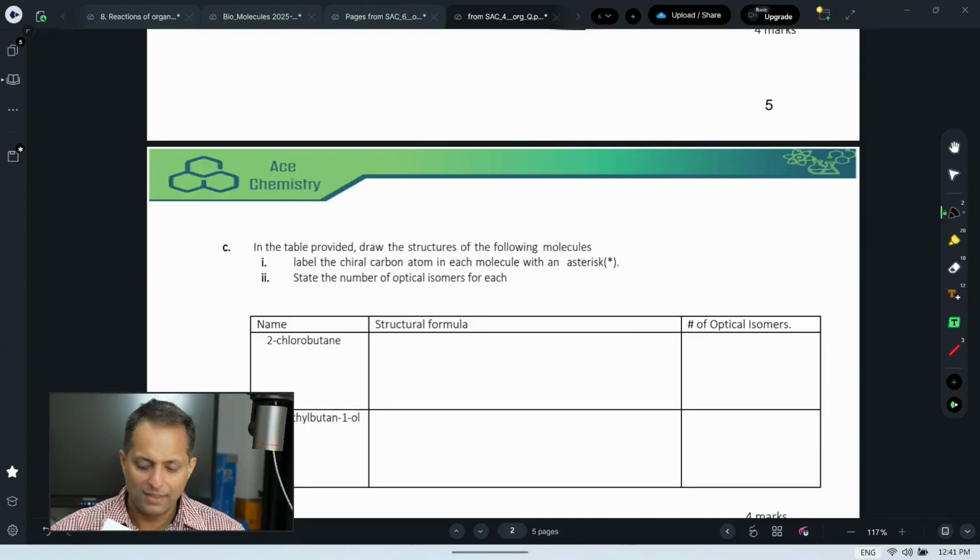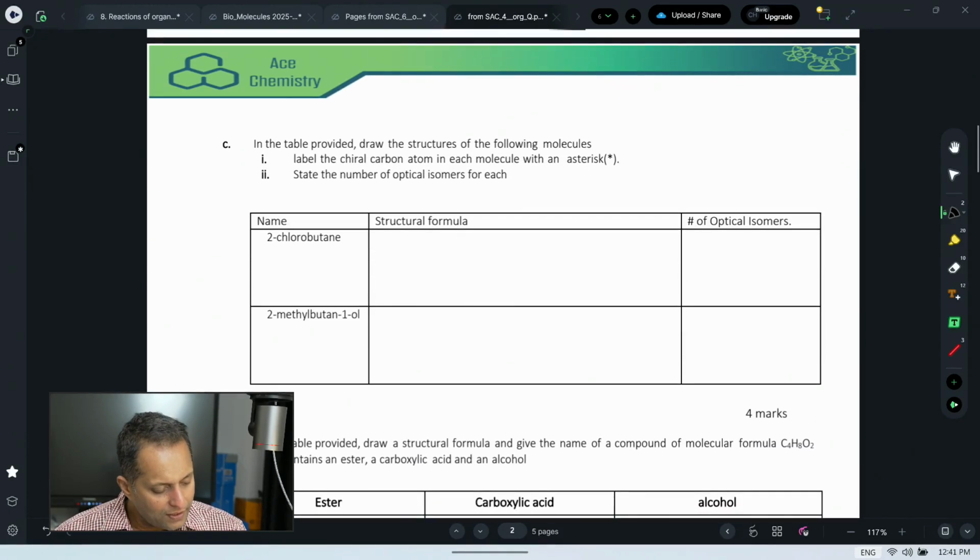All right. Let's go back to the question. Structural formula. The part he's asking about is optical isomerism again. We haven't done optical isomers. So what do you need to do? Remember in the previous sack we also had one of those questions. When you have to find optical isomers, look for the chiral carbon.